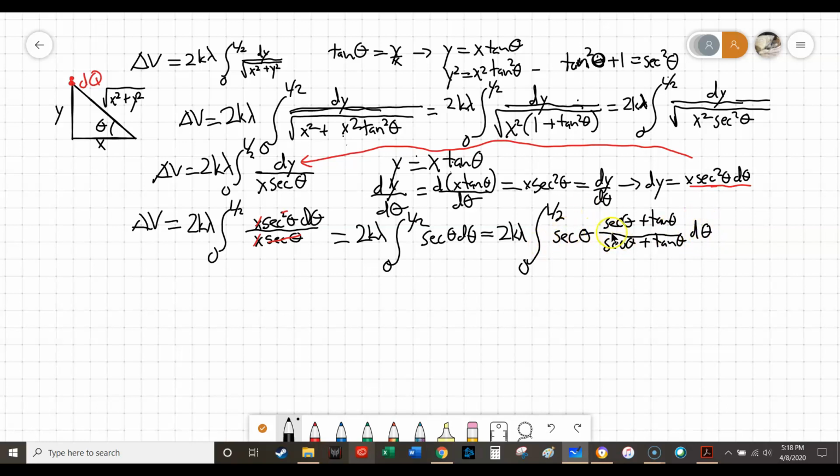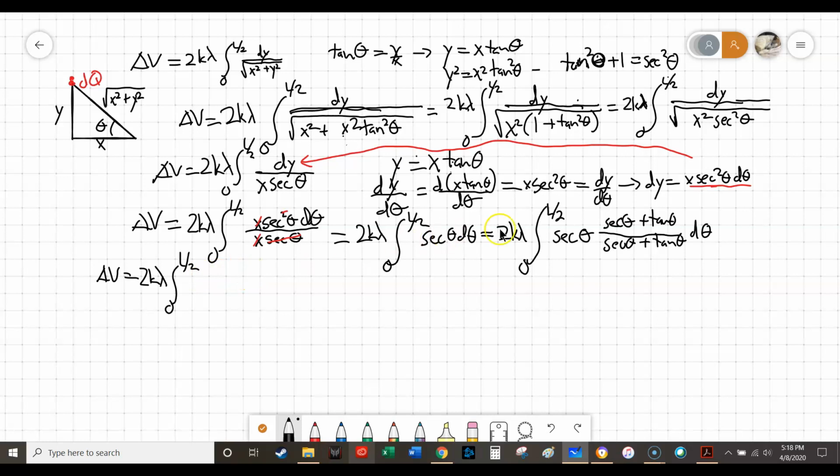This is looking a little weird, but here we go. I'm going to multiply this out. Delta V is going to be equal to, copying our constants, 0 to L over 2.